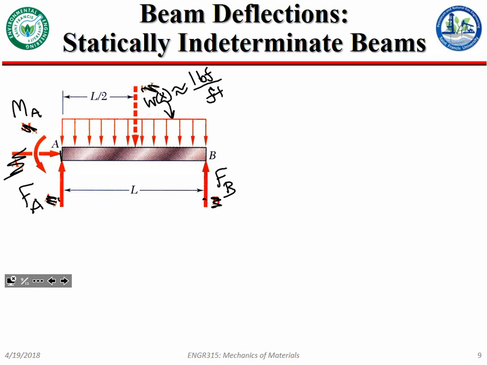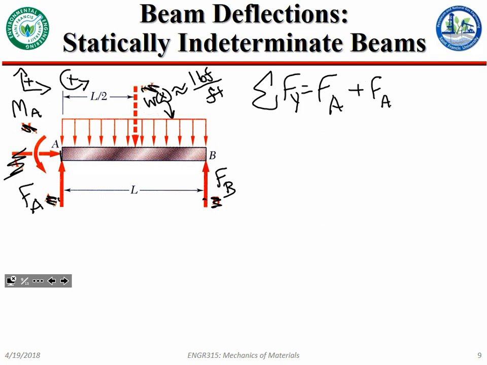Okay, so let's get some positive directions going. What are the forces we've got in the y direction? I know we have some of them, but can we get all of them? Okay, so FA and FB are positive. Is the distributed load negative? Okay.